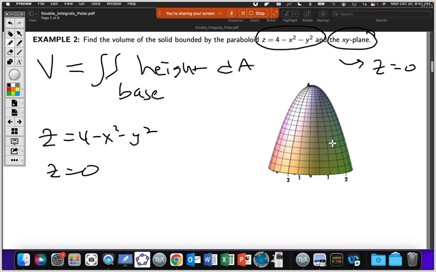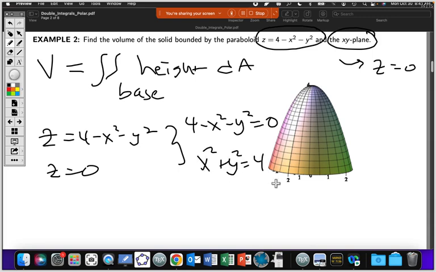And so if I want to project this into the xy plane, I can substitute z equals 0 here, and I can get x squared plus y squared is 4. And by golly, x squared plus y squared equals 4 is a what? That's a circle centered at the origin with a radius of 2.